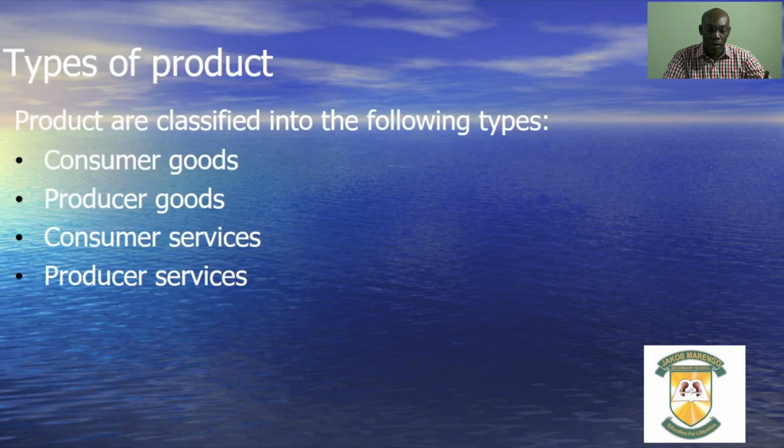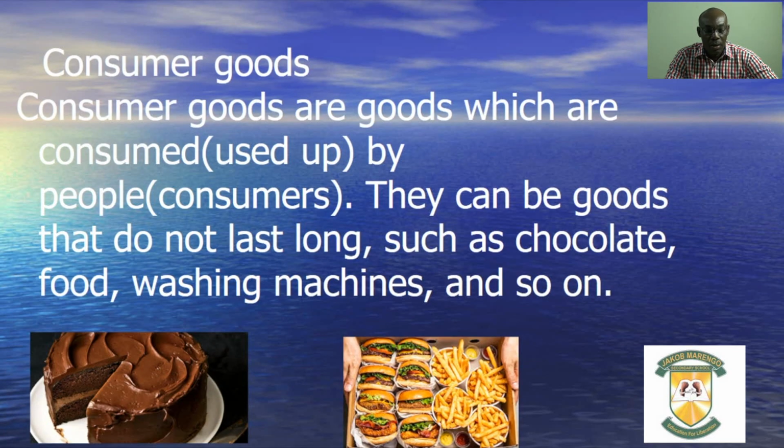Now, one thing that I have stressed in this video is that a product should be able to fulfill the needs or the wants of the consumer. So, let us first of all discuss the types of products that can be offered to the consumer. We are going to look first at consumer goods, then producer goods, then consumer services, and producer services.